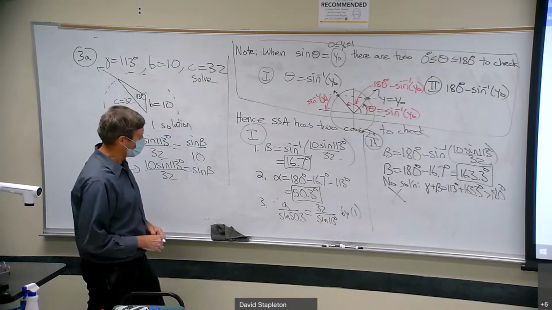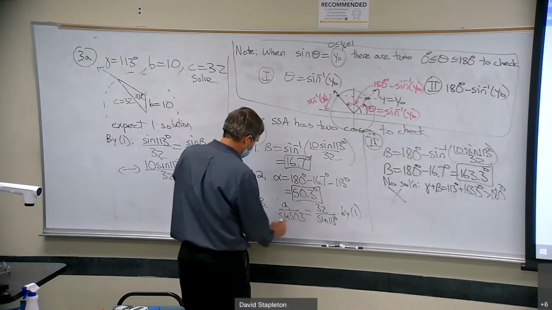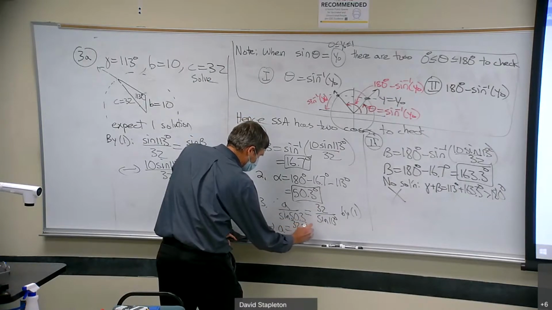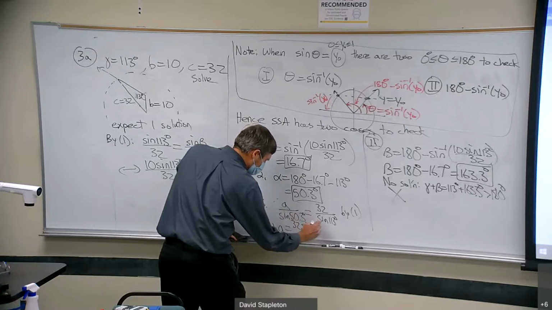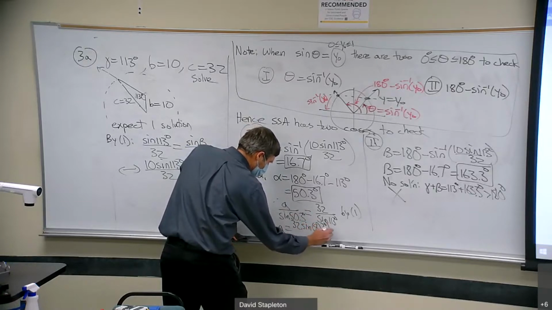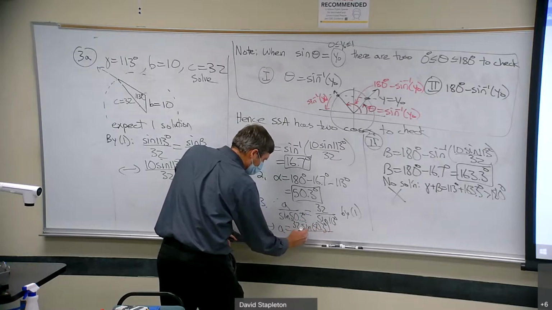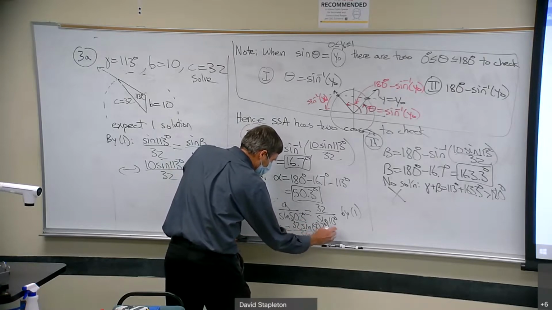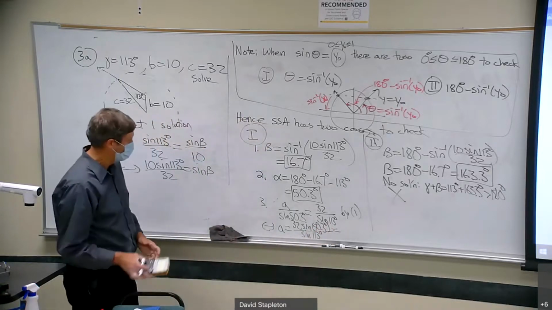So there we go. Now, if I start with the law of sines upside down, all I have to do is multiply and get A must be 32 sine 50.3 degrees over sine 113. What does that come out to be?